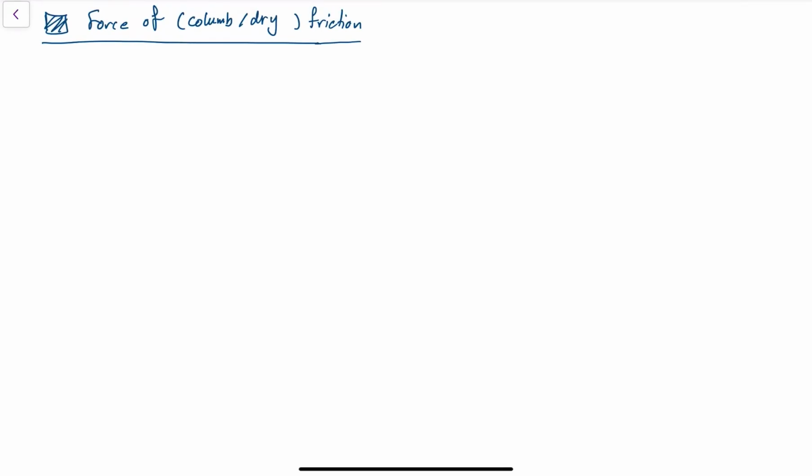Okay, the last thing I want to mention here is the concept of friction. In particular, we're looking at a certain type of friction that is referred to as Coulomb friction or dry friction. It is different from viscous friction, that is more a fluid related effect.